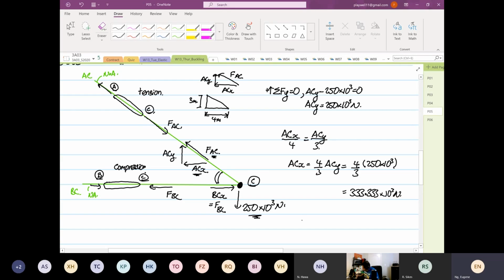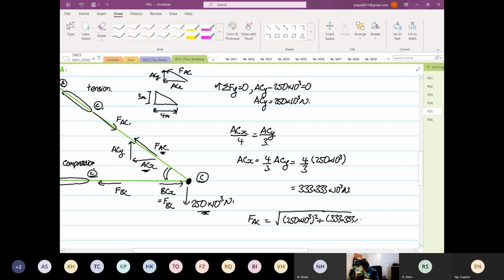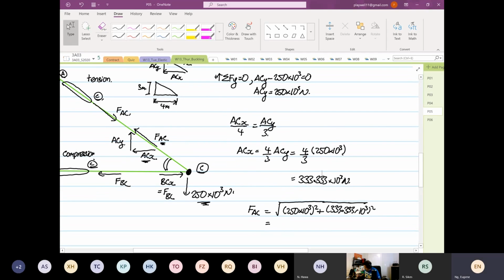So you can calculate your FAC now. It is equal to the square root of 250 times 10 to the power 3 squared plus 333.33 times 10 to the power 3 squared. So your FAC over here will be equal to 416.667 times 10 to the power 3 Newton.